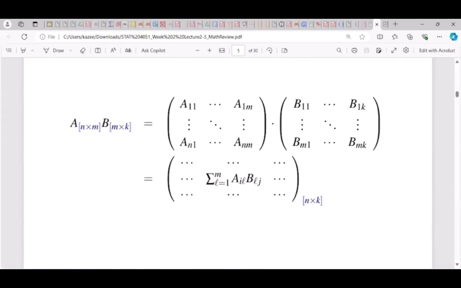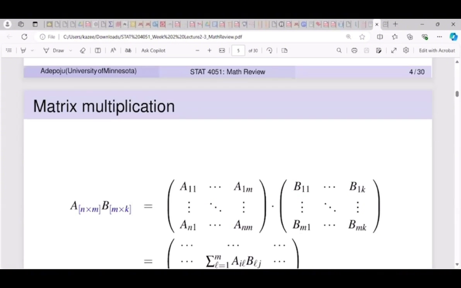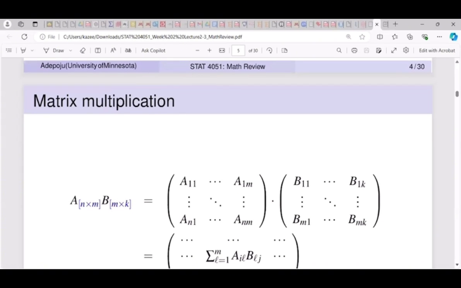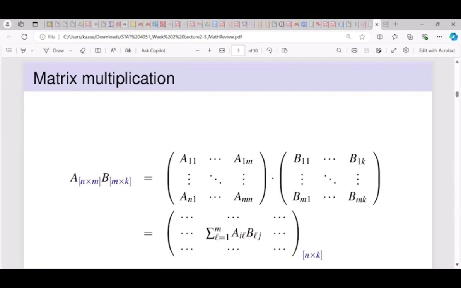Now, the next thing that I want to talk about is matrix multiplication. Why do we need matrix multiplication? If you are into face recognition, image processing, or maybe you're trying to use the idea of singular value decomposition, or the idea of low rank, and so on, you're going to see yourself multiplying matrices together.